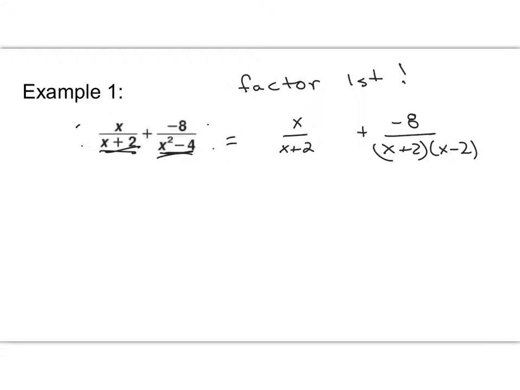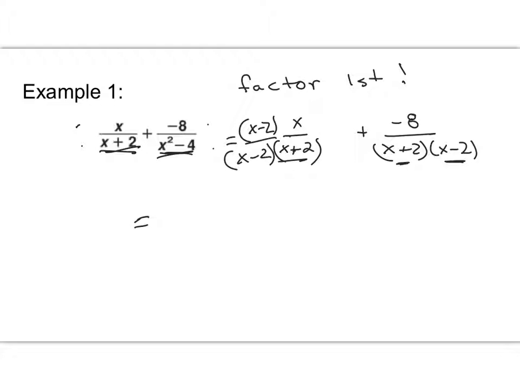Now you can see that this side is only lacking the x minus 2. It has the x plus 2. So I don't have to go crazy and multiply by x squared minus 4. And now I have a common denominator.